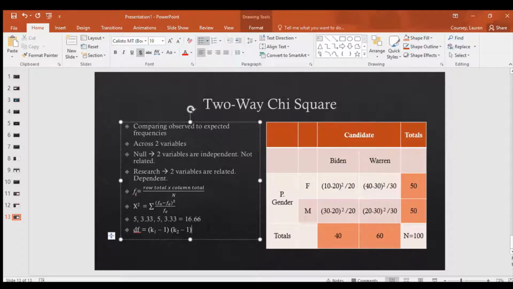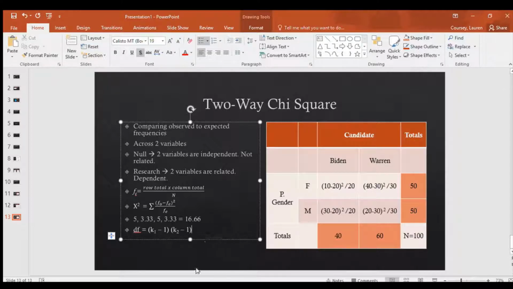Again, I need to compare this calculated chi-square value to the critical value in my table. So we would use that alpha or significance level of 0.05 that we've been using. We also need to determine our degrees of freedom. So this is a little more complex again because we have 2 separate variables.